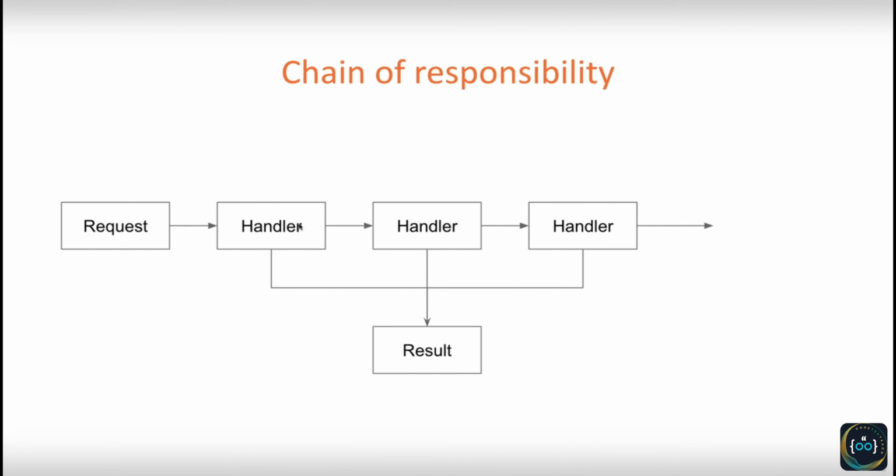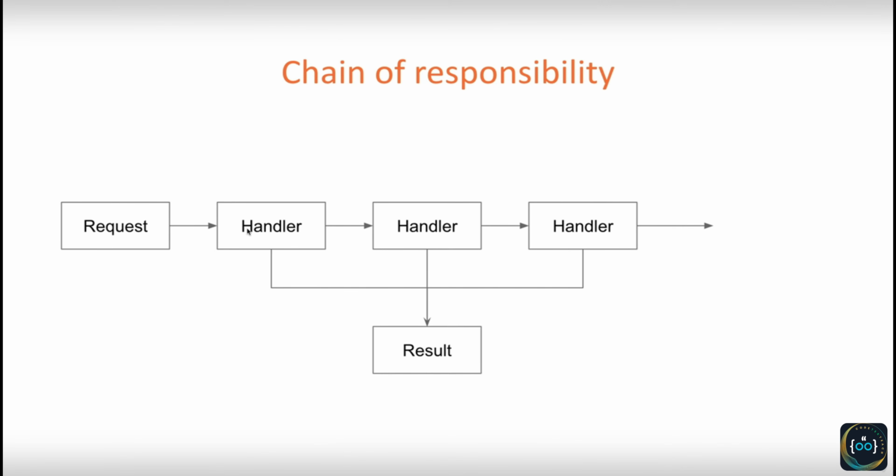The handler will process that request in some way, and then it has two options. First of all, it has a link to the next handler in the chain, so it could pass the request down the chain, or it has the option to, quote unquote, consume that request and return a result, thus skipping the rest of the chain.